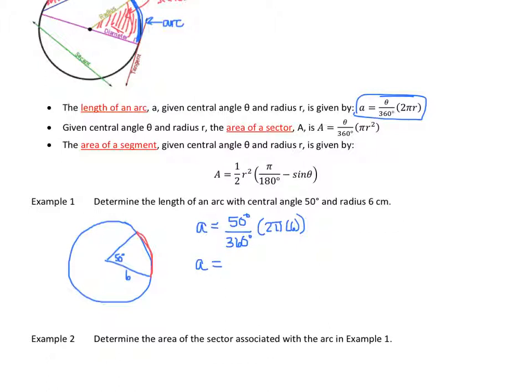So 50 times 2 is 100, times 6 is 600. You could enter this into your calculator as 600 pi divided by 360, and that should give you 5.24. So therefore, the arc length is 5.24 centimeters.